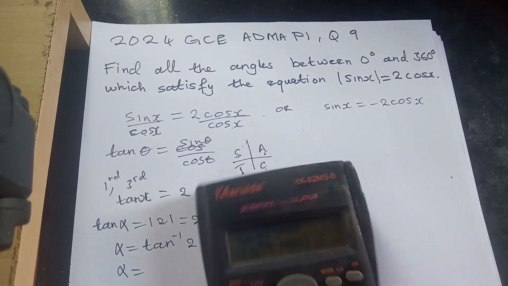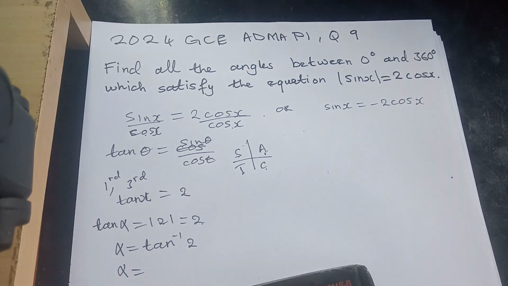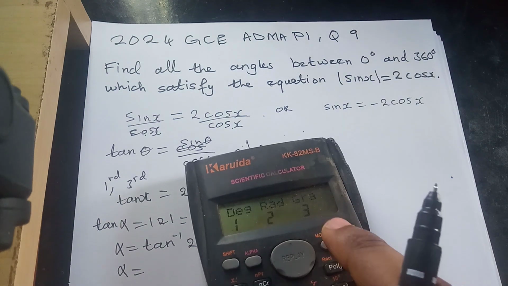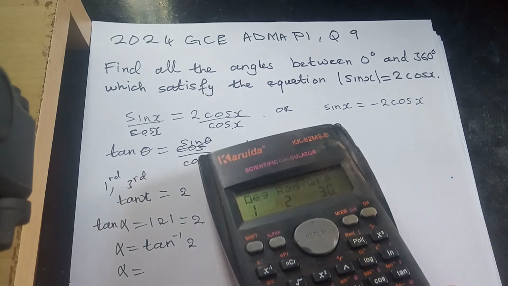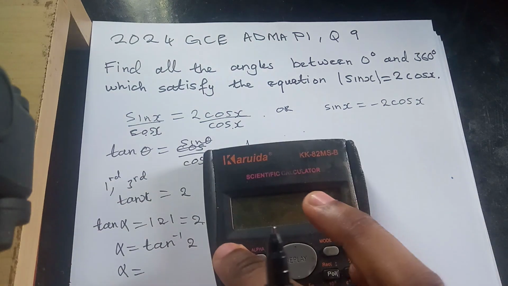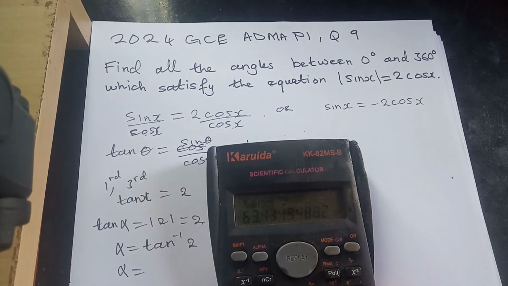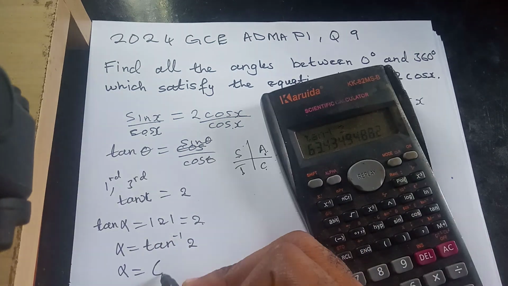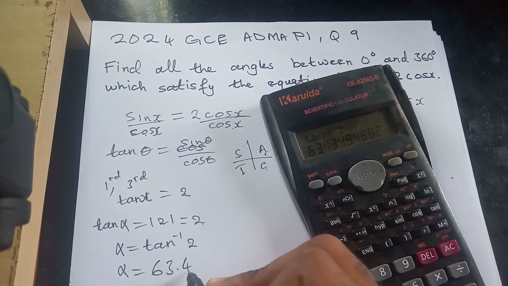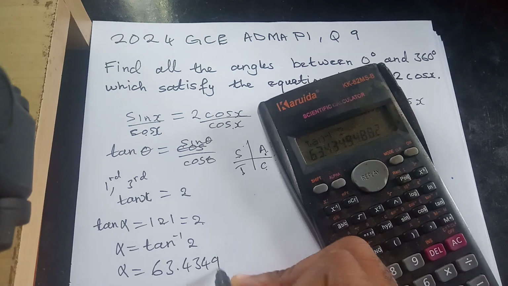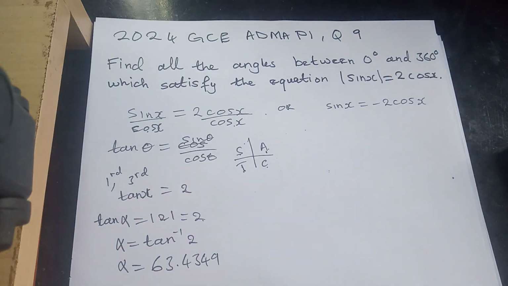And this should be in degrees. Make sure that your calculator is in degrees. So I'll change this to degrees. So tan inverse 2 is 63.4349, correct to 4 decimal places.